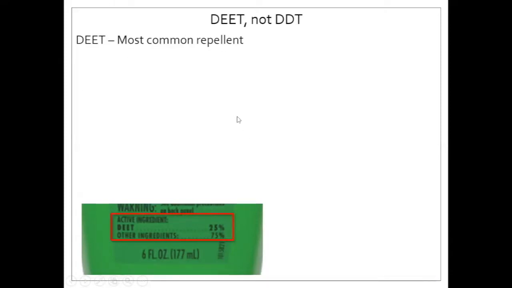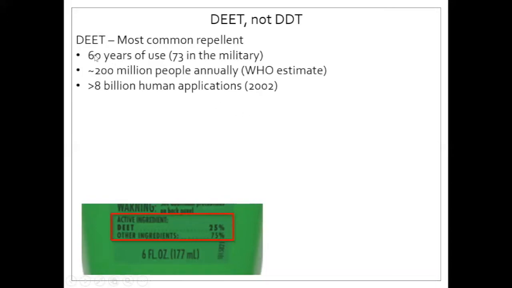DEET is the most common repellent, so it's DEET, not DDT. And it's basically the gold standard. It's been tested, it's been used for about 60 years, 73 if you include the military. During that time, they estimate about 200 million people use it annually.